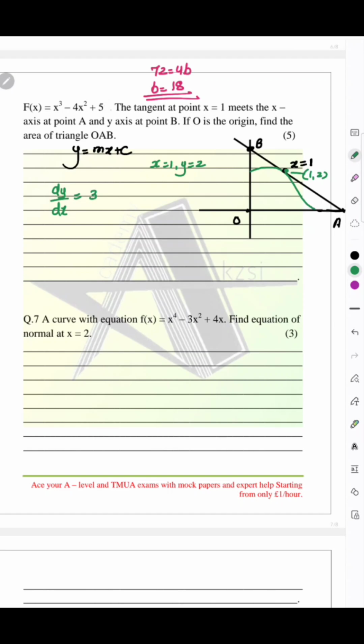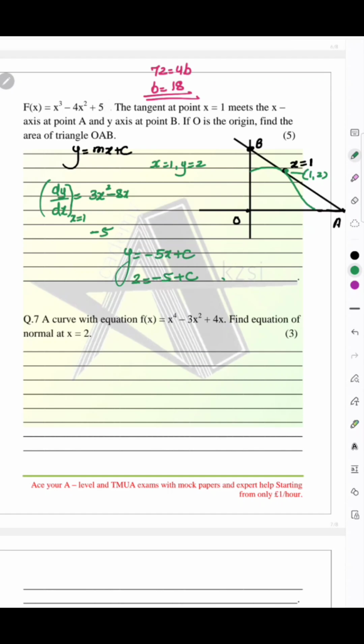That will give me 3x squared minus 8x, because the differentiation of a constant is 0. And at x equals 1, that means 3 minus 8, which is minus 5. So now we have the gradient of this tangent, so y equals minus 5x plus c, and the point is 1 comma 2, so 2 equals minus 5 plus c.